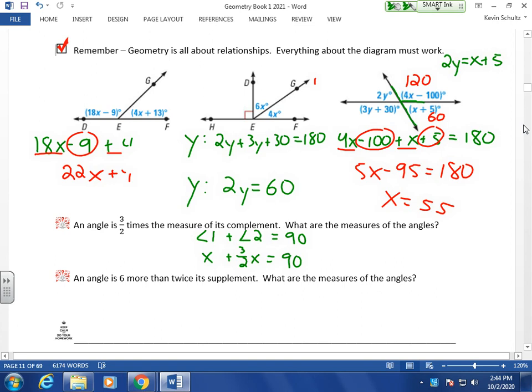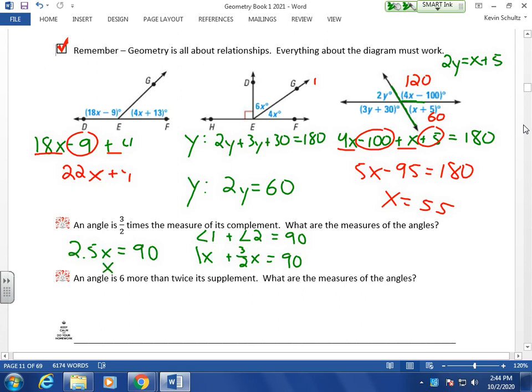Since there's an unwritten 1 here, 1x plus 1.5 or 3/2 x, how many x's do we have in all? Right. So 2.5 x's equals 90. One whole x plus 1.5 x's. So what's the value of x? You're all over this.